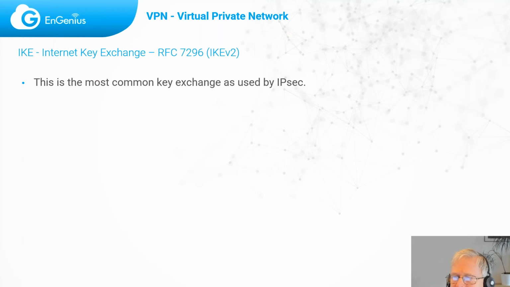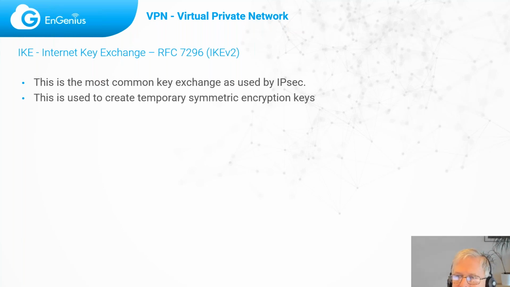So to set up the connection, first you do some steps, and for that IPsec uses the Internet Key Exchange, version 1 or version 2. This is used to create temporary symmetric encryption keys. So you have your pre-shared key to start with, or your certificate, and you could theoretically just use that to encrypt your stuff, but that would be very static.